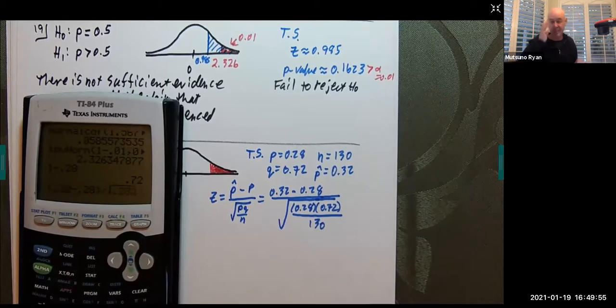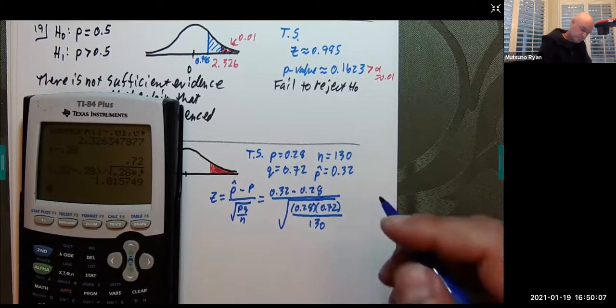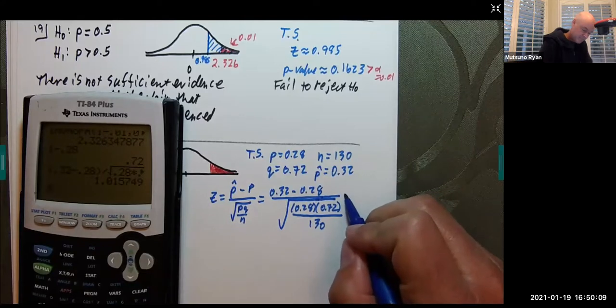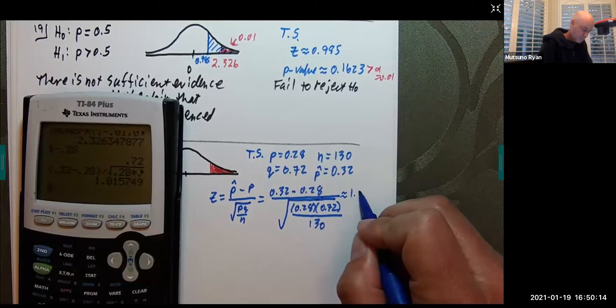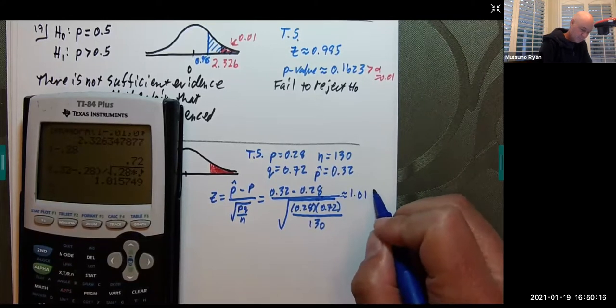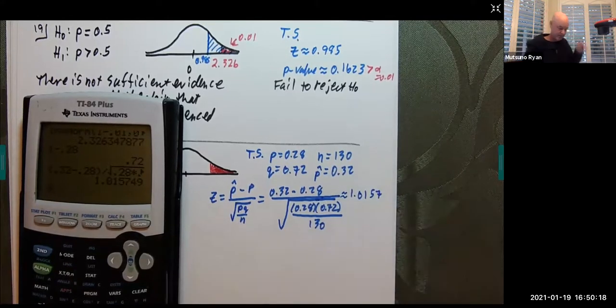Again, be careful. You might have to use some extra parentheses as you're setting this up. Times 0.72 divided by 130. Mine are all under the radical there. So that's my test statistic.